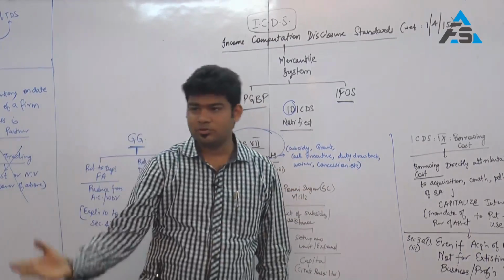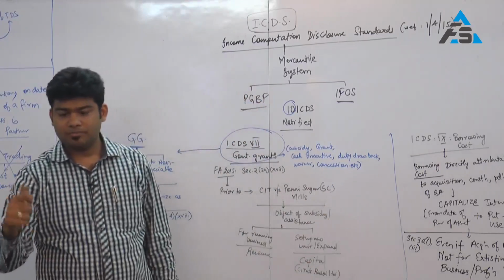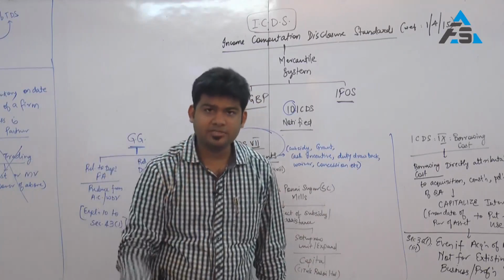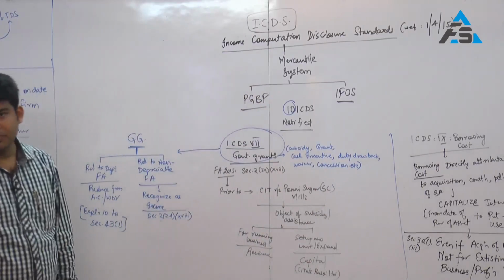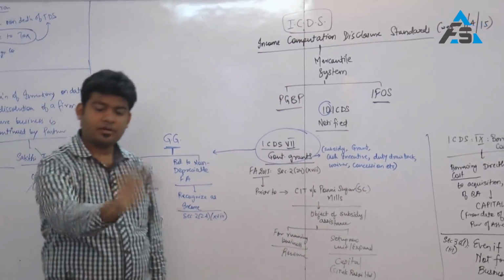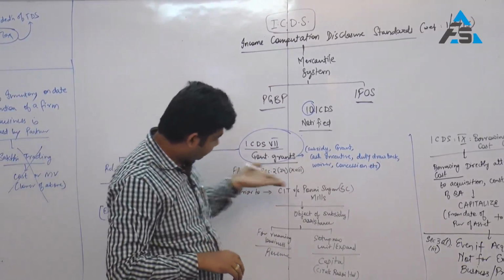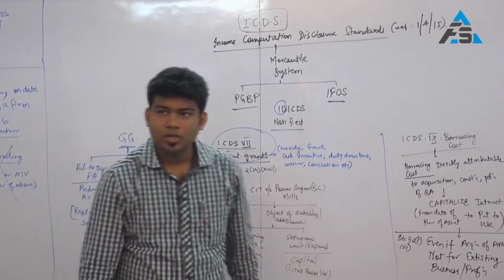You open any of the last 3, 4 or more select case law books by ICAI, and the first page will always have whether the grant received by a particular assessee is revenue in nature or capital in nature, and whether it falls in any of the case laws decided by the Supreme Court.